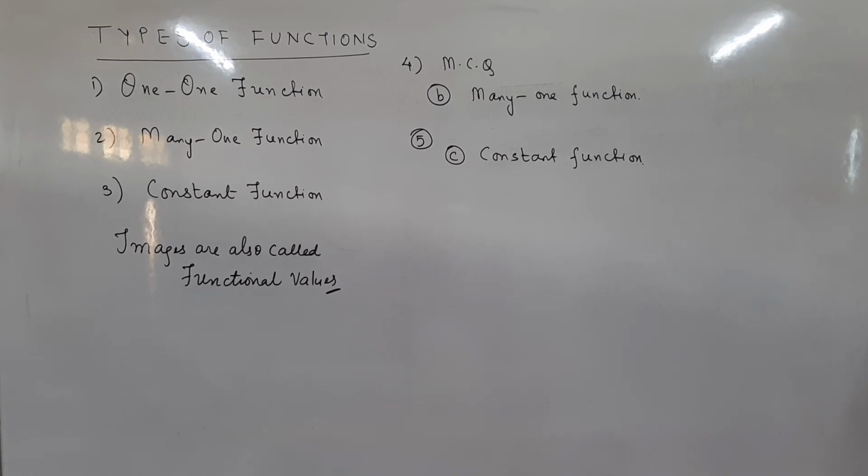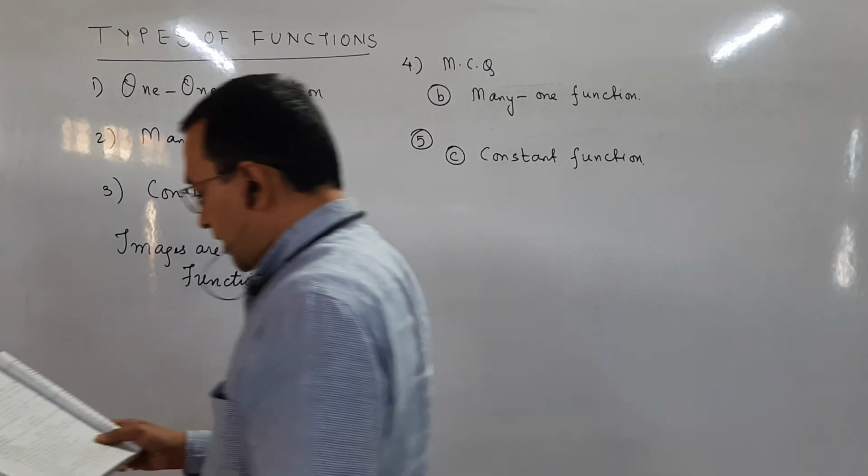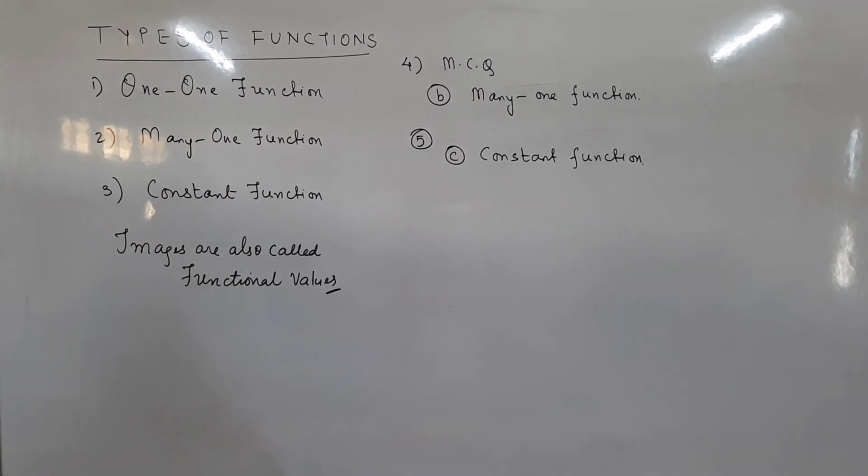Which of the following statement is true for a one-one function, students? Only for 2 values of the domain, their images should be different. No. For any 2 values of domain, their images are same. No. The first was for only two values.